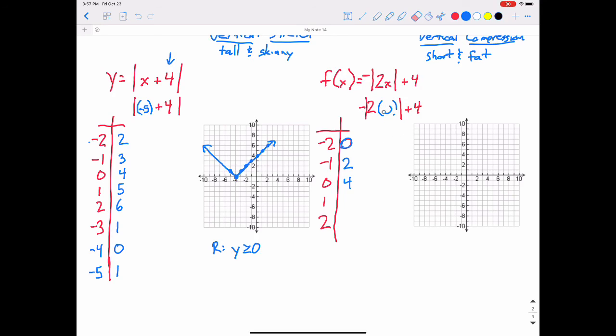And then plug in the 1. 2 times 1 is 2. We have the negative still on the outside, so it becomes negative 2. Negative 2 plus 4 is positive 2. And then maybe you can pause the video and quiz yourself on the last one. What do you get when you plug in 2?